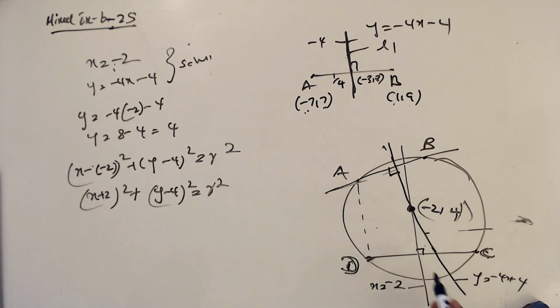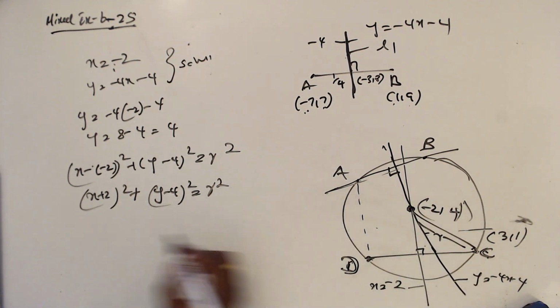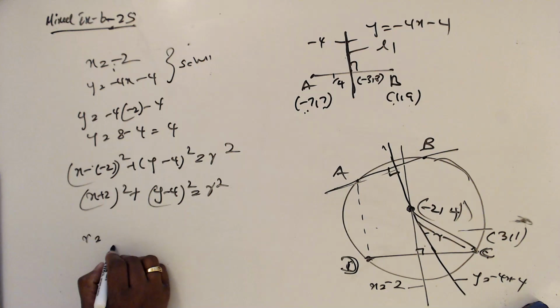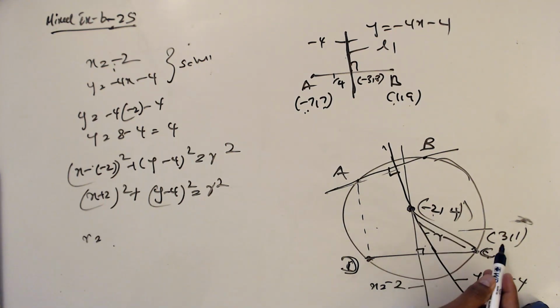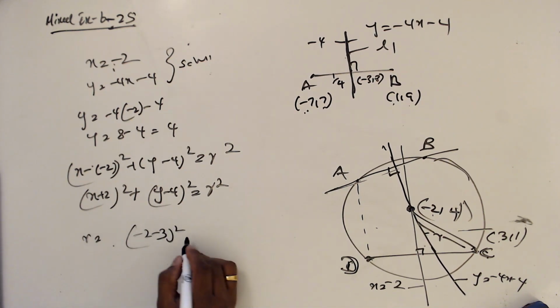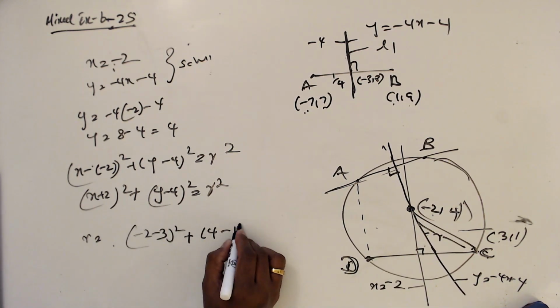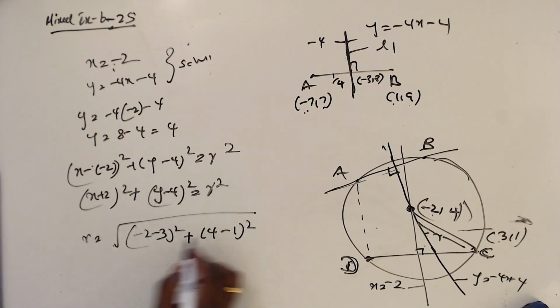We will take any easy point, the small point 3, 1, which is C. So r equals the square root of minus 2 minus 3 squared plus 4 minus 1 squared.